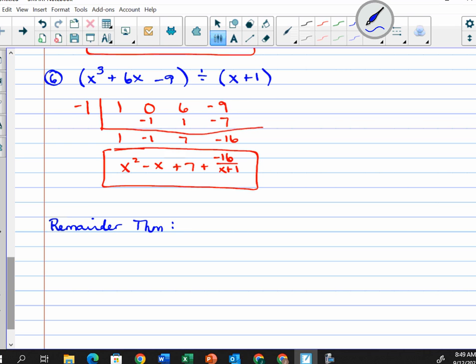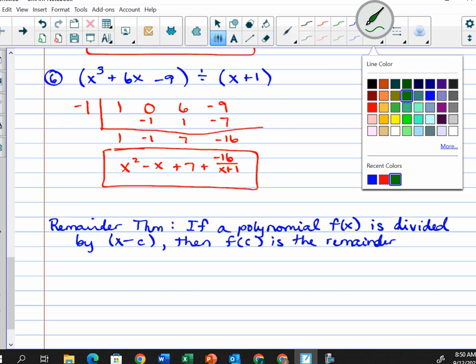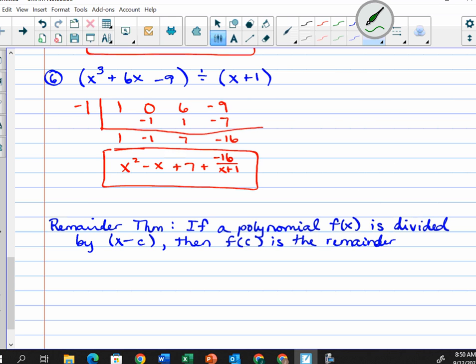All right, if a polynomial f of x is divided by the quantity x minus c, then f of c is the remainder. I'll explain that more once you write it. It's not too bad.